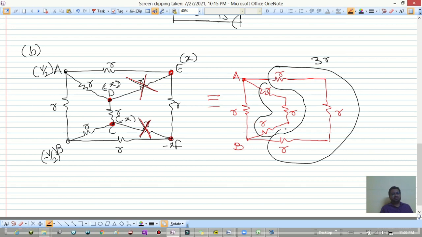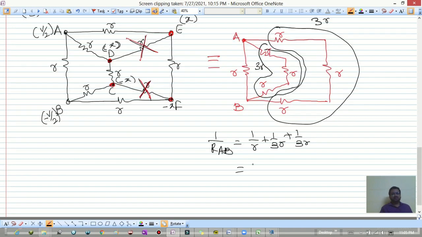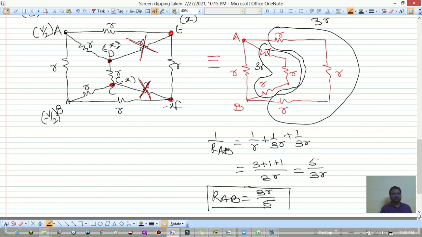These three resistances are in series, this is 3R and this is R. So 1 divided by RAB will be equal to 1 by R plus 1 by 3R plus 1 by 3R, and we have 3 plus 1 plus 1 divided by 3R, which is equal to 5 by 3R. And what is RAB now? 3R divided by 5. See here, it's very simple, isn't it?